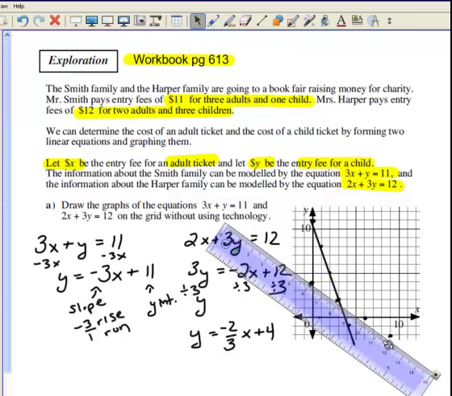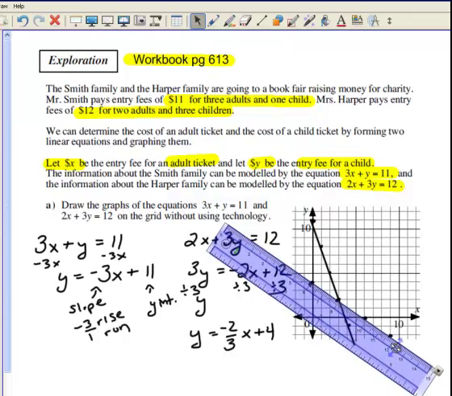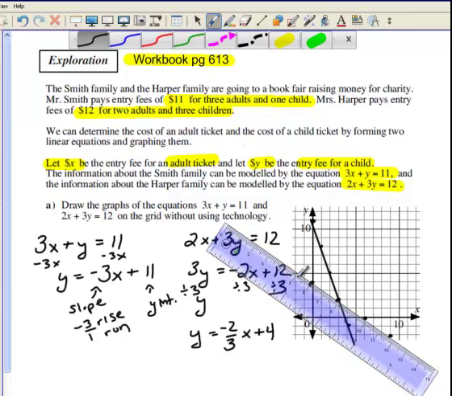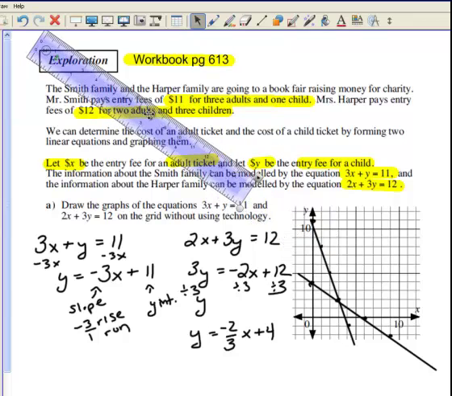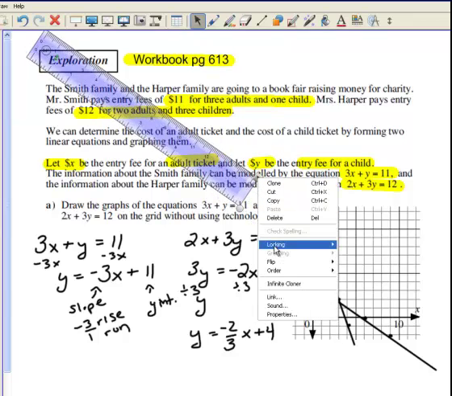That's pretty close. There we go. And draw your line. And then we can get rid of our ruler there.